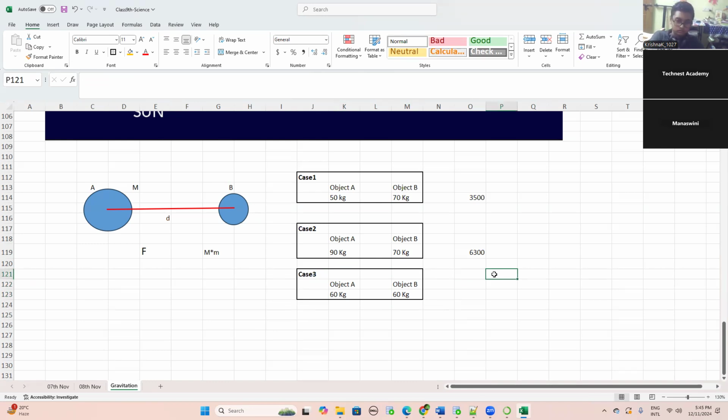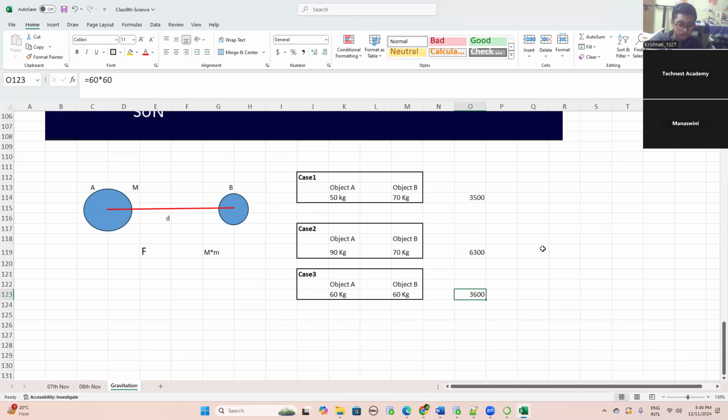Because in case 1 the product is 3,500, and in case 3 it is 3,600. You have to multiply both the masses, right? So it will be 60 into 60, how much? 3,600. So case 1 product of mass is 3,500. Case 2 product of mass is 6,300. Case 3 product of mass is 3,600.